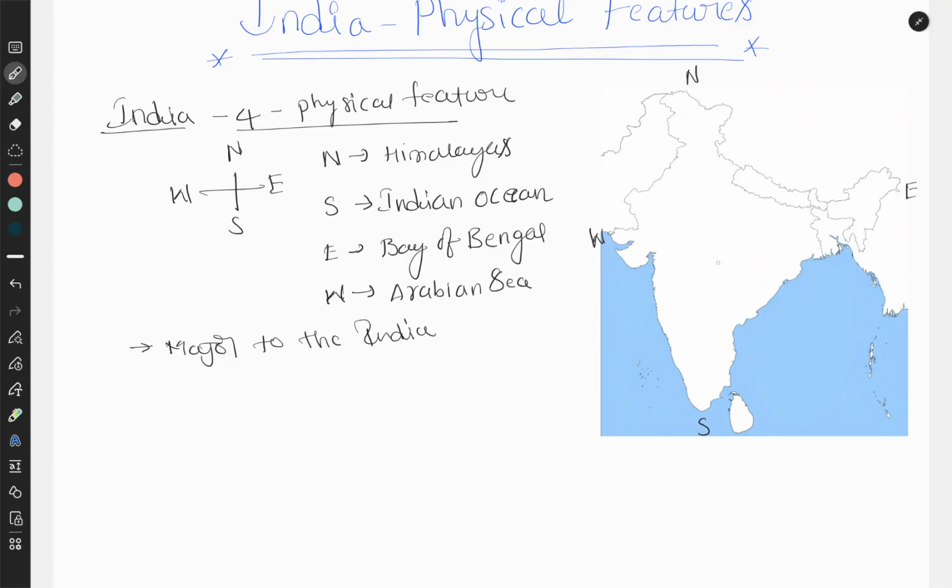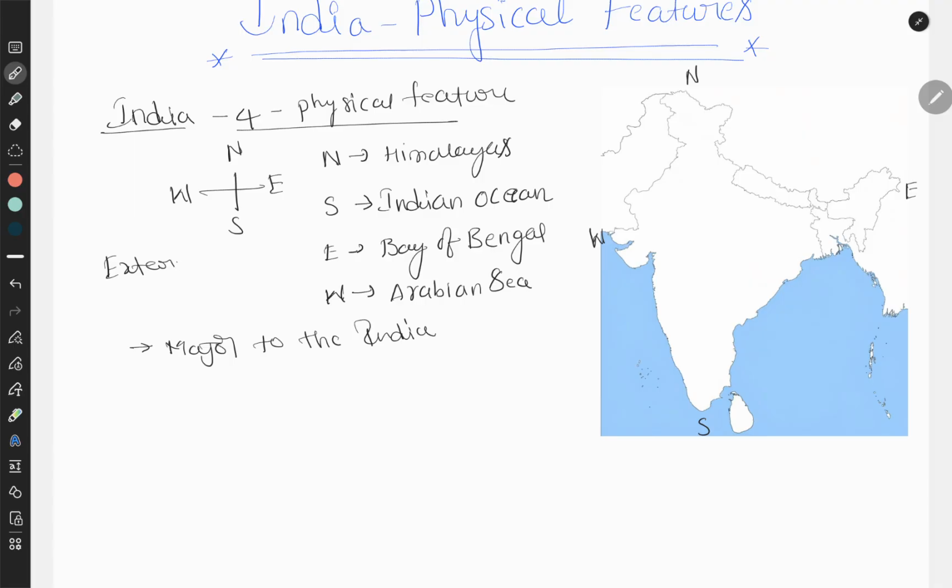We have plateaus, the Deccan Plateau and Chotanagpur Plateau. We have a lengthy coastline, and we have deserts also. So Indian boundaries are the Himalayas in the north, the Indian Ocean in the south, the Bay of Bengal in the east, and the Arabian Sea in the west. These are the external boundaries.